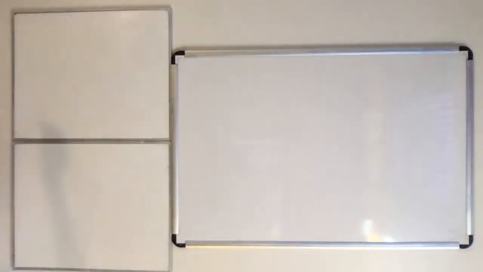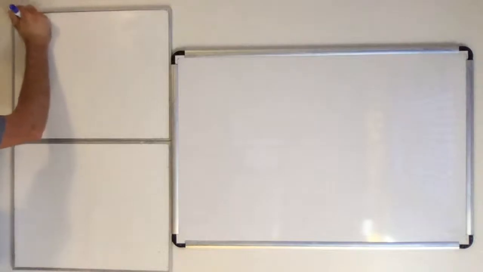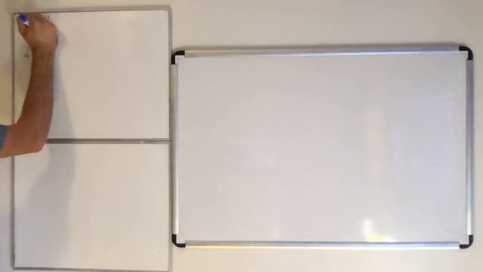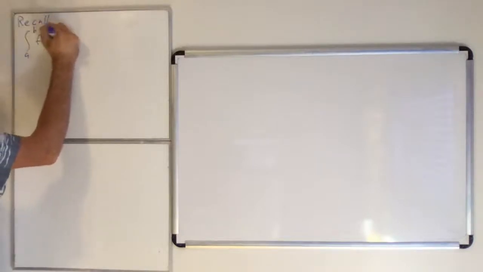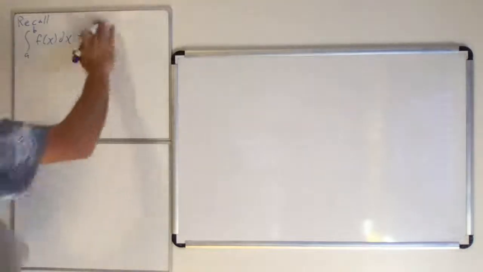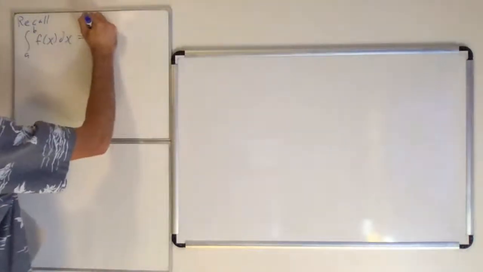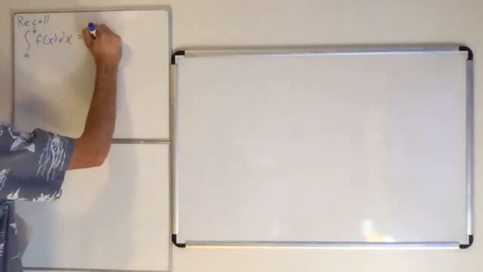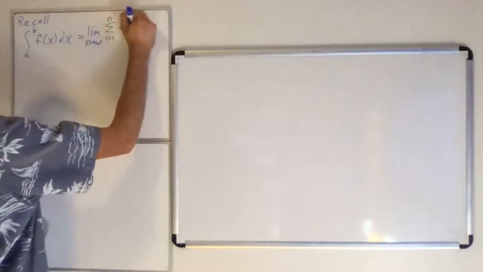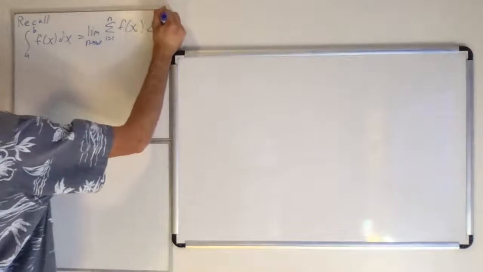Okay, well, so let's just recall that the integral from a to b of f of x dx is equal to the limit as n goes to infinity of the sum from i equals 1 to n of f of x sub i delta x.